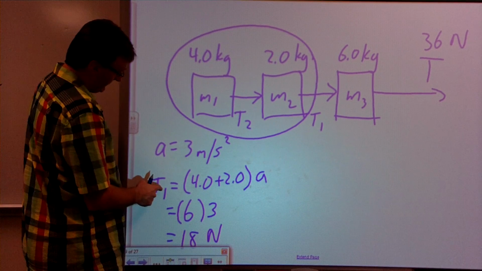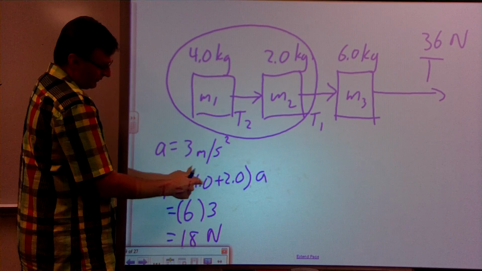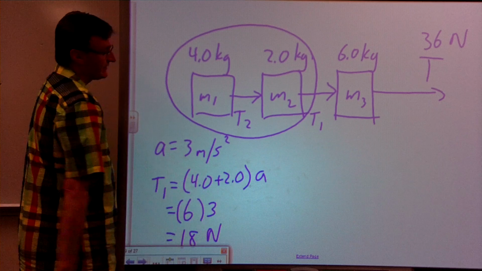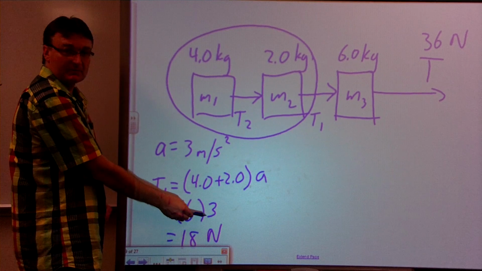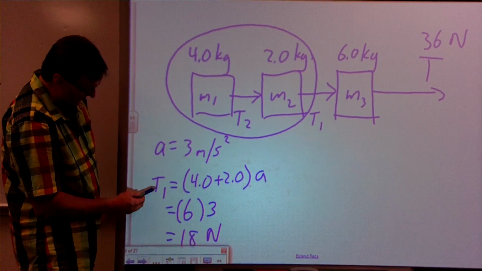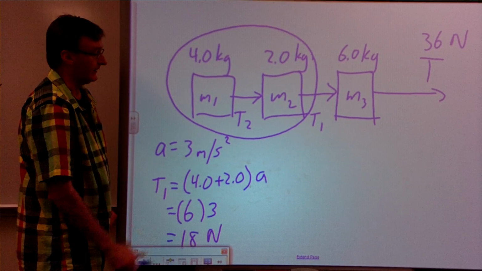T1 is going to equal the total of these two masses together, 4.0 plus 2.0, times the acceleration of those masses, which is 3 meters per second squared. So T1, this tension, will be 18 newtons.